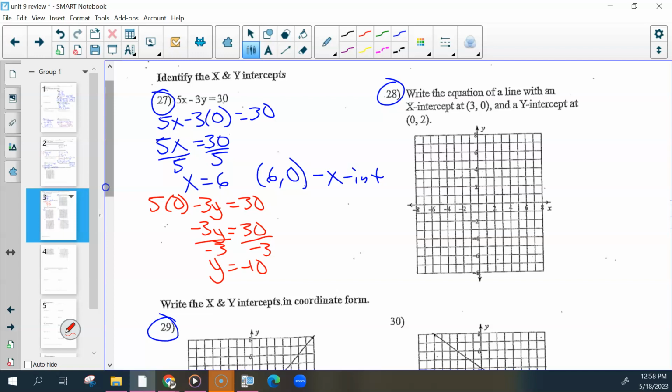So then that would be your y-intercept. Your x value is 0. What questions do we have on that before we move on? Yes. Always 0 that you're putting in. Not at the same time, but one and then the other.